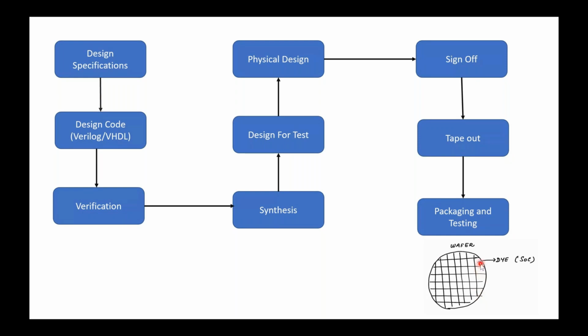Covering this die with a protective layer is called packaging. And testing is done after manufacturing. We will check whether the chip is passing or failing. This is what is called testing.